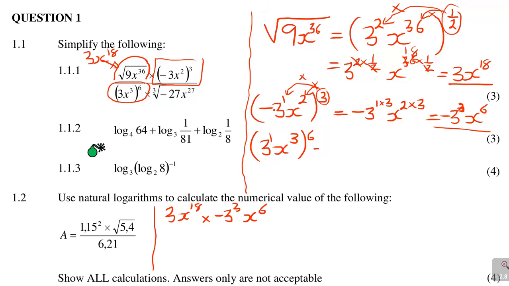Again, you've got a power there. Whenever you see brackets, it means first you have to deal with the brackets. So here it's 3 to the power 1 times 6, x to the power 3 times 6. Are you seeing that? This is the same as 3 to the power 6, x to the power 6 times 3, which is 18. So this is all over 3 to the power of 6, x to the power of 18.